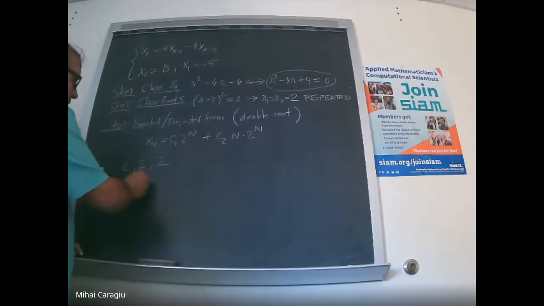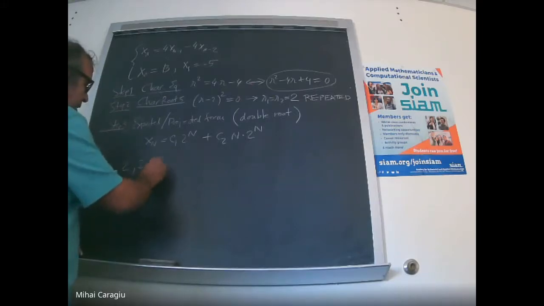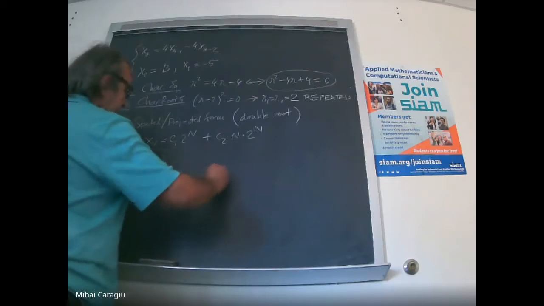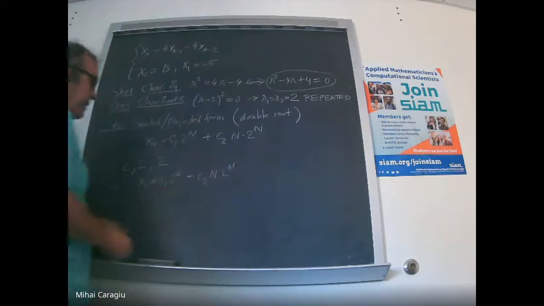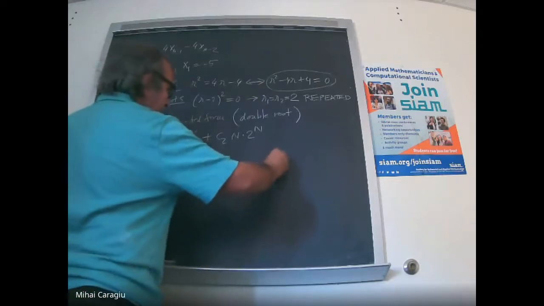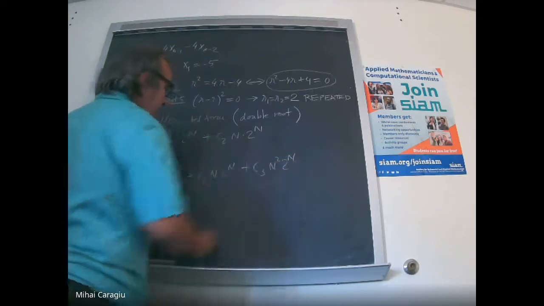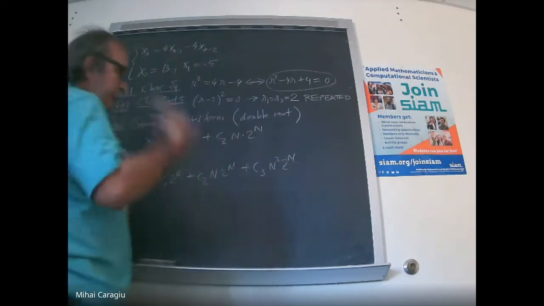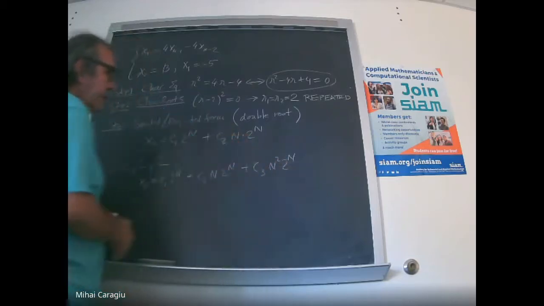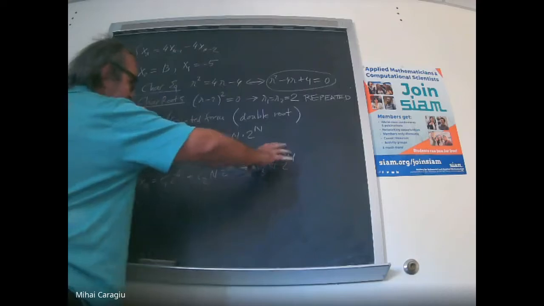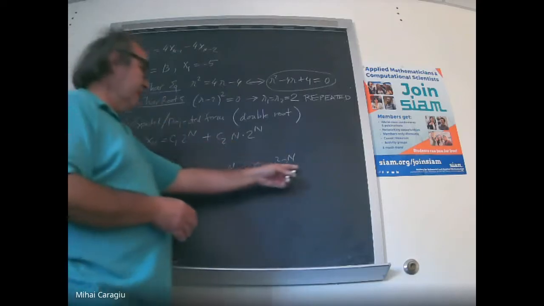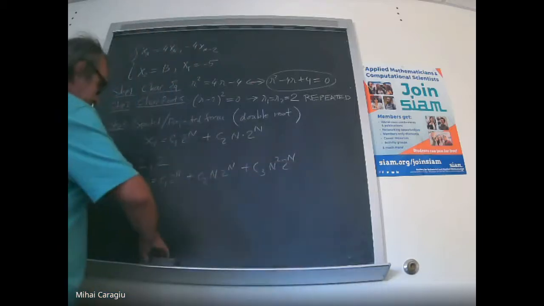So what would be in that case hypothetically? xn will be c1 times 2 to the power n plus c2 times n times 2 to the power n, so that stands for the first repetition, plus c3 times n squared times 2 to the power n, because again every subsequent repetition of 2 amounts to an extra n in the next step. Right? If it repeats one more time, I have another plus c4 n cubed times 2 to the power n.